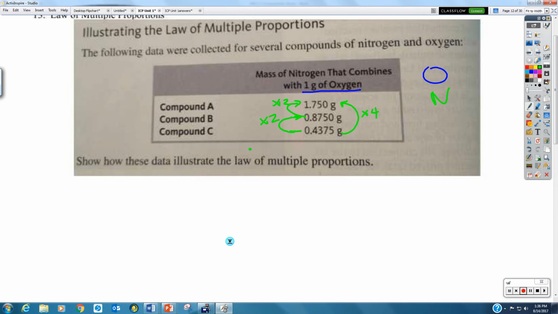All right, so really when we're looking at this, we're just going to pick any one of these compounds and assume that the nitrogen to oxygen is 1 to 1 here.